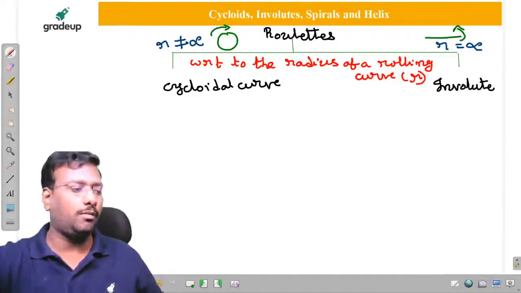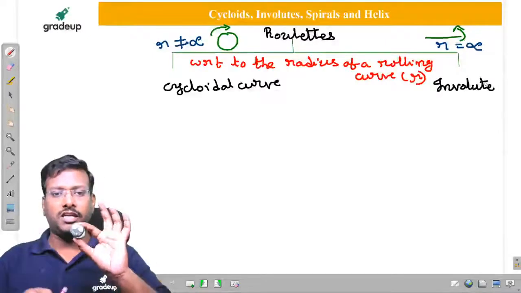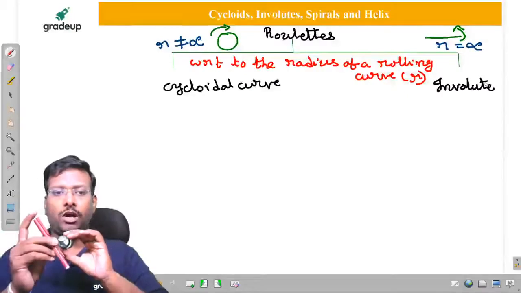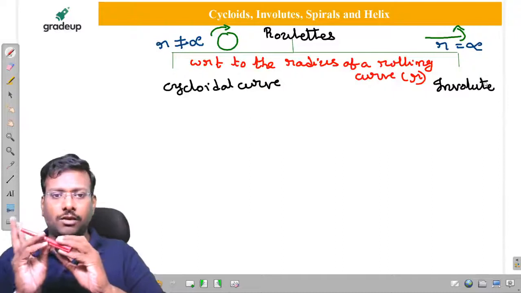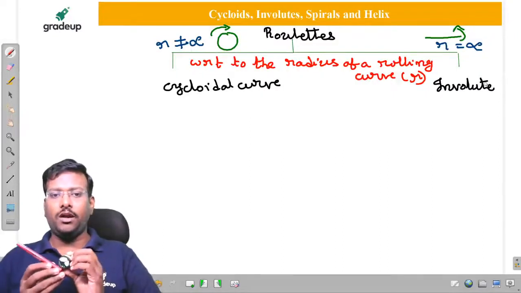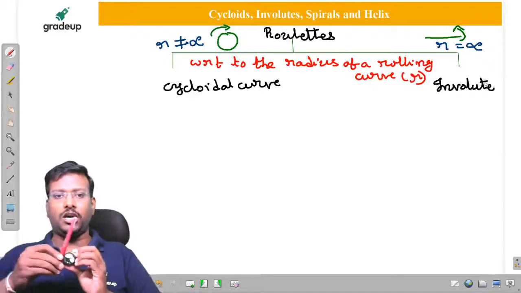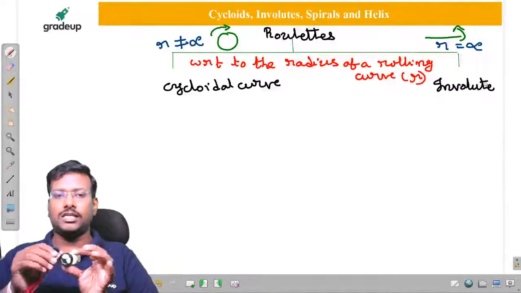Let us consider, my dear friends, this particular thing. It is a circular object, it is fixed, but try to observe this particular location. Here some white color thing is there at the end. Just observe this. Now whenever it is rolling, what happens? It is coming and moving towards the center.